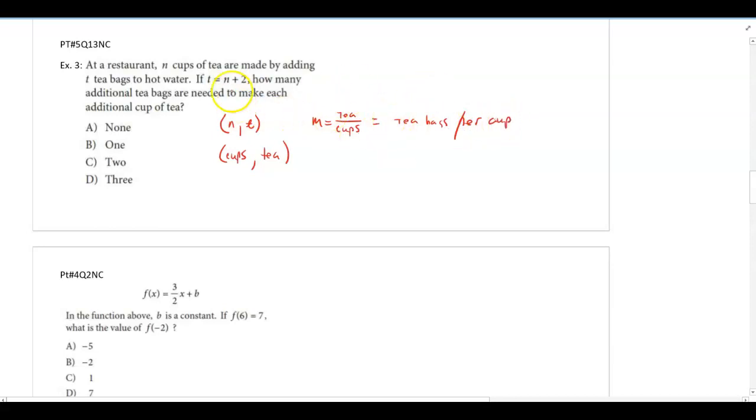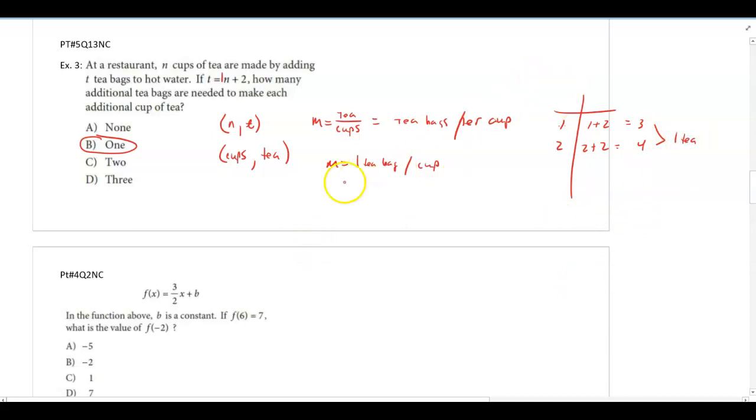If the slope of this line is 1, that means 1 tea bag per cup, which means every cup you add, it goes up 1 tea bag, which would be letter B. Now, some people may make a table and say 1 cup is 1 plus 2, which is 3 tea bags. 2 cups would be 2 plus 2, which is 4. And right away you'll see you went up 1 tea bag.